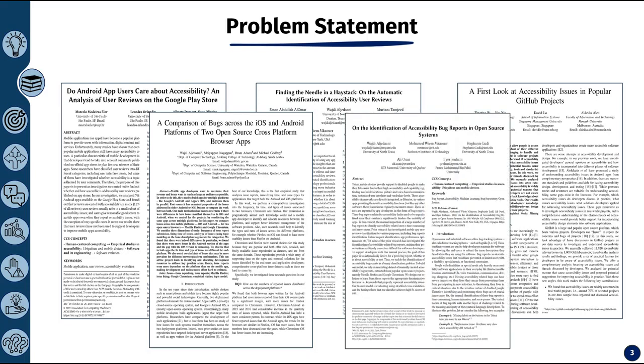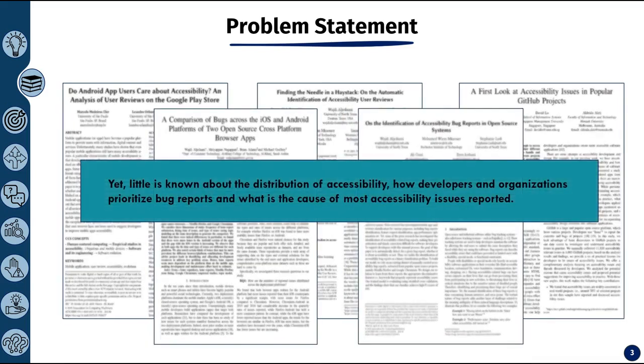The last paper is also our prior work, where we conducted a study to perform automated identification of accessibility bug reports using a machine learning model, but we did not look into understanding the accessibility issues themselves.